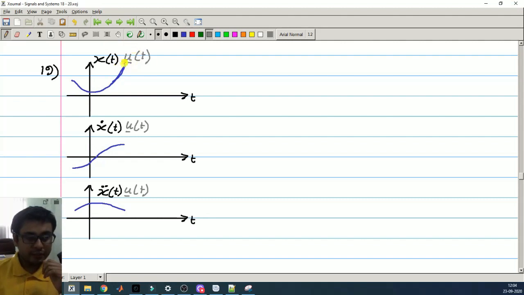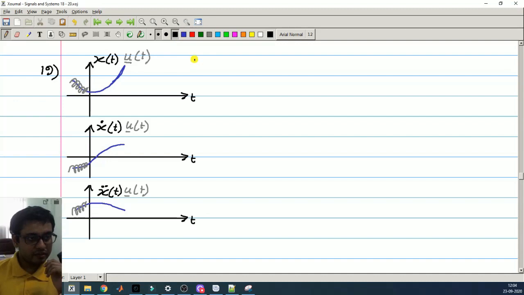However, when you multiply the step signals with the signals, then the left side portion of the signal will be erased. Similarly here, this part before time 0 will be erased, and this part will also be erased.